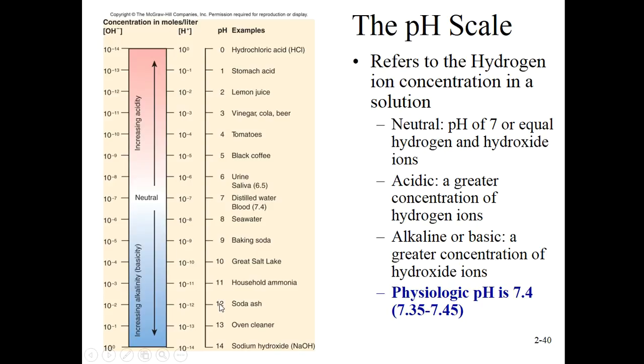Soda ash you get out of a wood furnace, for example, oven cleaner and lye, sodium hydroxide, very, very high pH. That means basicity. You very rarely see that word. Usually we use the word alkalinity. So something with a low pH is acidic. Something with a high pH is alkaline.